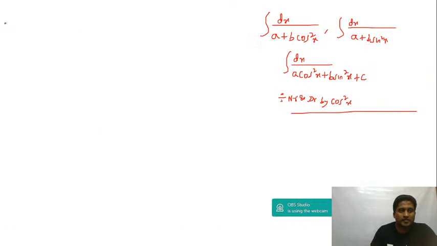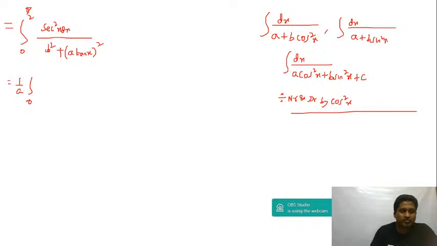Now this is integral 0 to pi by 2. Numerator will be equal to sec² x, divided by b² plus a² tan² x, which can be written as (a tan x) the whole square. Now see, guys, I am going to divide by a and multiply by a. No need to substitute, change the limit, nothing.